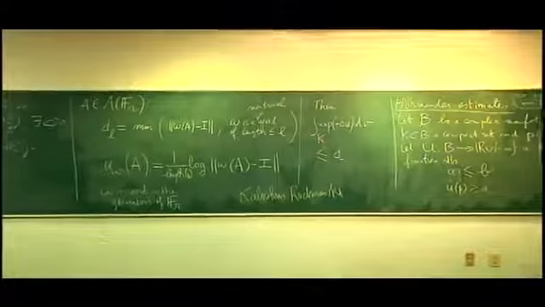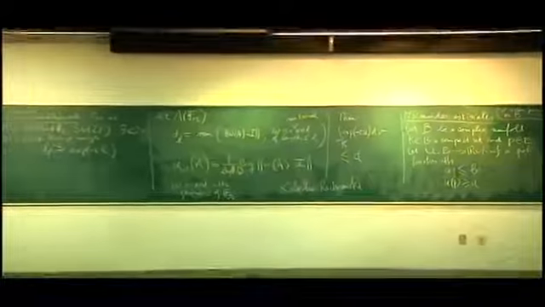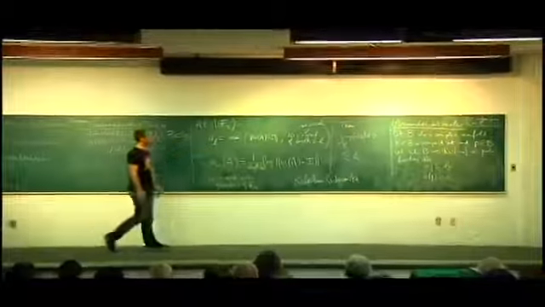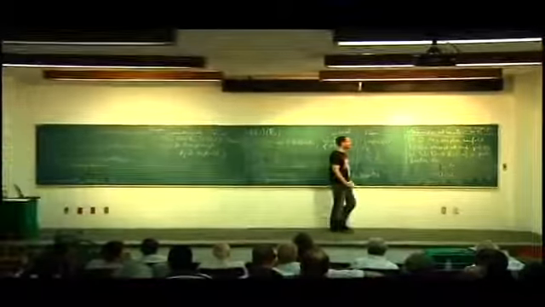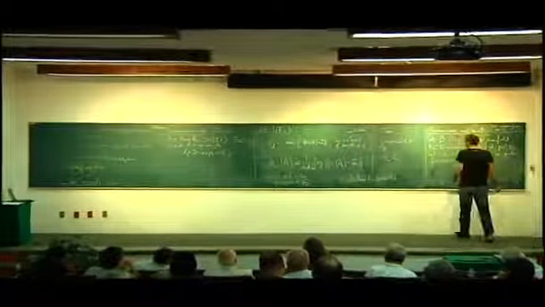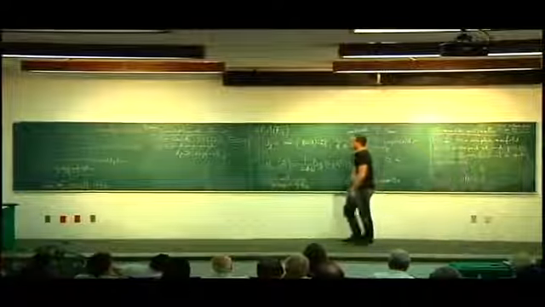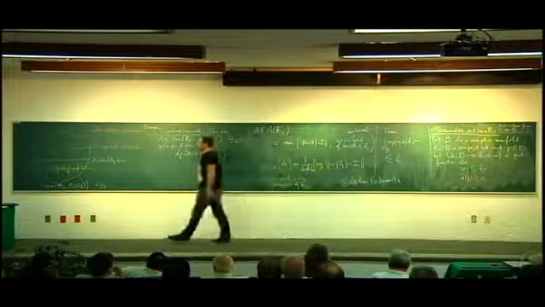Okay, so I will change a little bit the topic. We described some Diophantine property of representations. Now I am going to speak about what I announced at the beginning.